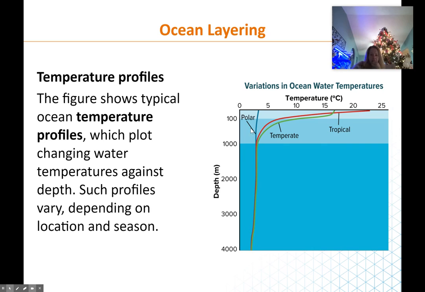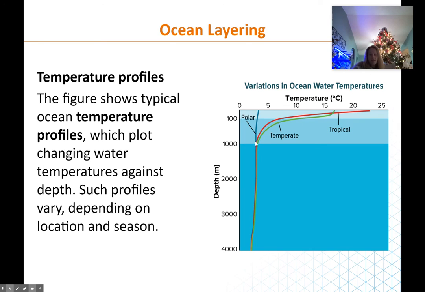All right, and then if we look at this layering of oceans, we have something called a thermocline. So this is tropical water, very warm. And here's depth. You can see it's warm for a while and then it drops. And then you've got temperate regions, which is like where we are. You can see it's a little bit colder, not a much difference. But notice when you get to a certain point, about 1,000 meters, it doesn't matter if it's coming from the poles, from the middle of the earth or the tropical region, it's all about the same temperature.